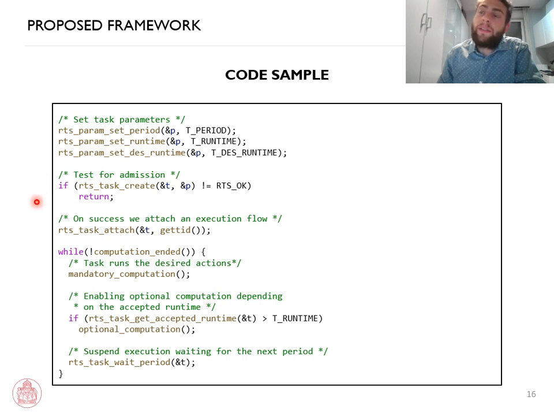If the test is passed, we can attach the current flow of execution to the logical task created. Then in your cycle, you can do your mandatory computation, but if you have some spare time, because the daemon accepted your desired runtime, you can do also optional computation, and then of course you can finish your period.